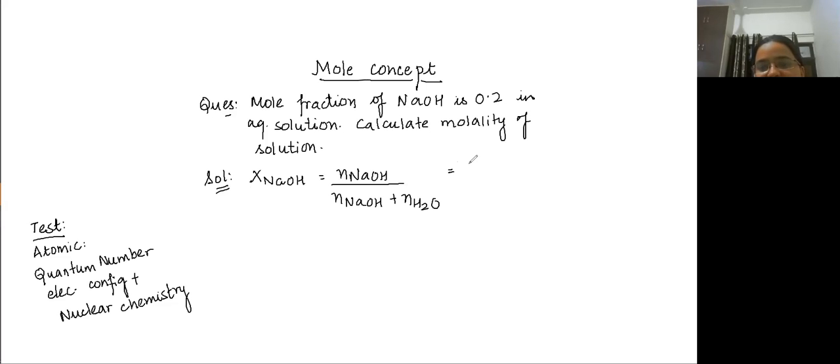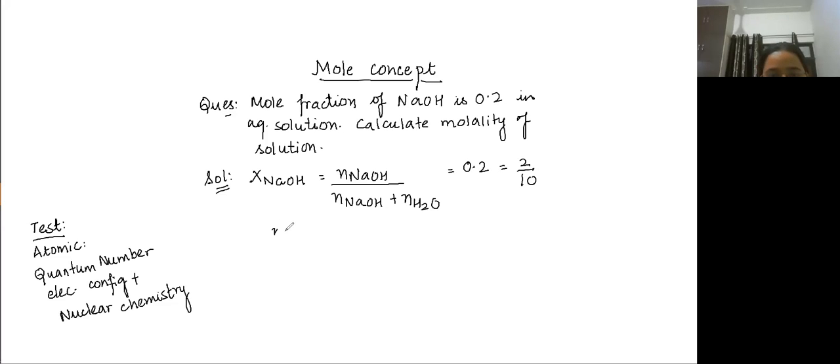This is given as 0.2, or I can write it as 2 by 10. Can I write 0.2 as 2 by 10? If you want to do, you can do it from 0.2.